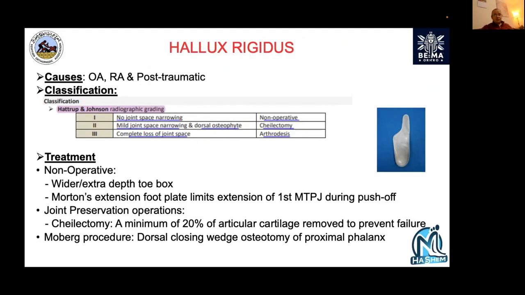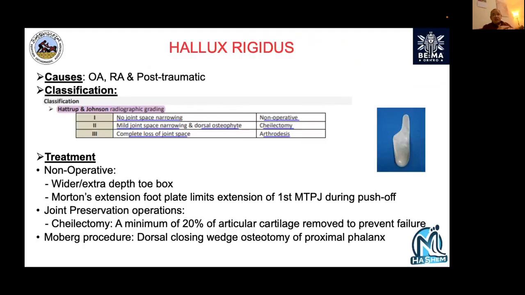Number 3, if the patient is in grade 2, we have the option to do a cheilectomy. Basically, you open the joint dorsally, and from there you shave about 20% of the articular surface to get the dorsal osteophyte off, and this allows the joint to move freely again and gives it normal dorsiflexion. The point is that cheilectomy needs to be done properly.